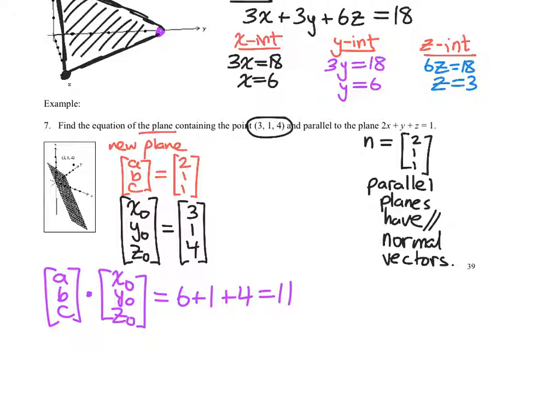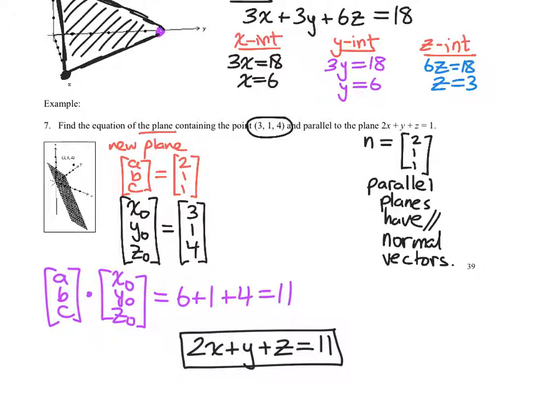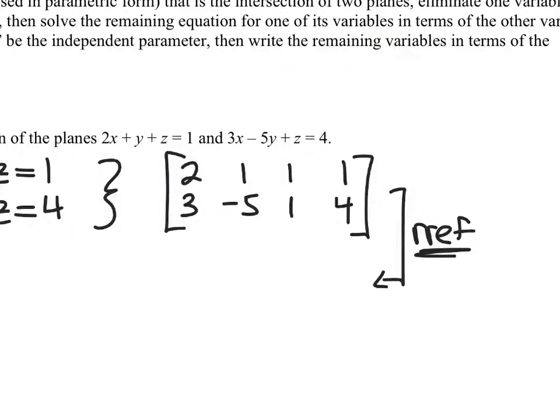So we're talking for a final answer here, 2x plus y plus z is equal to 11. All right, so RREF, matrix A, and we get that.